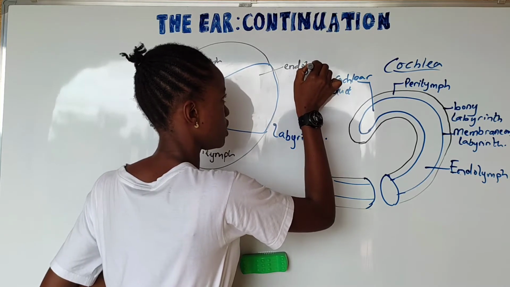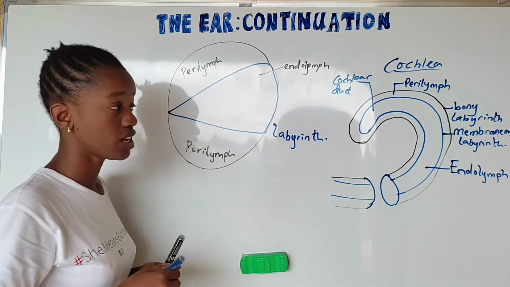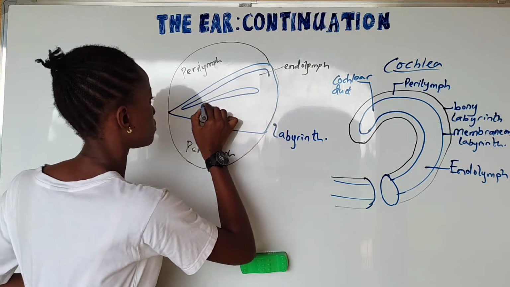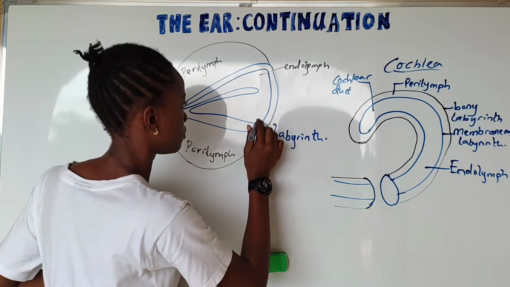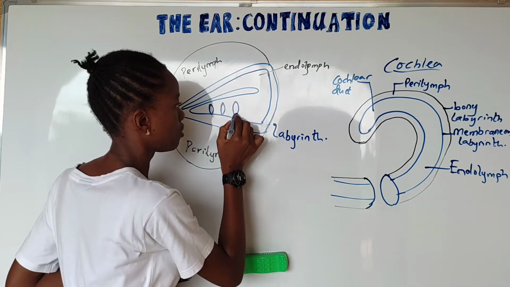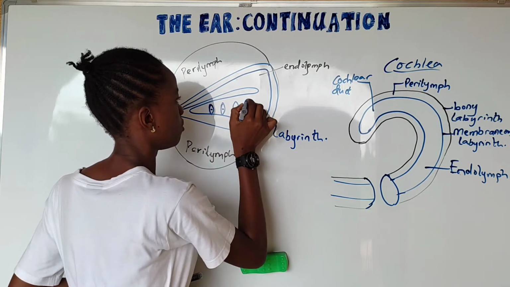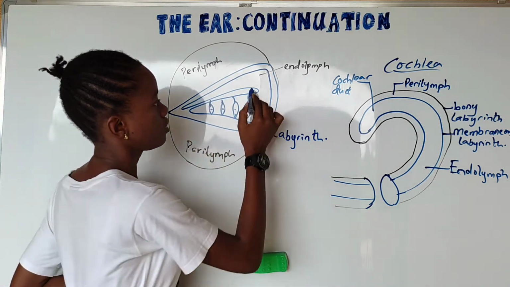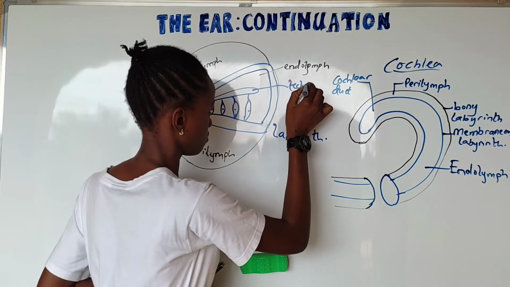So let's go back to drawing the inner structure of the cochlear duct. This part we are going to call the tectorial membrane.